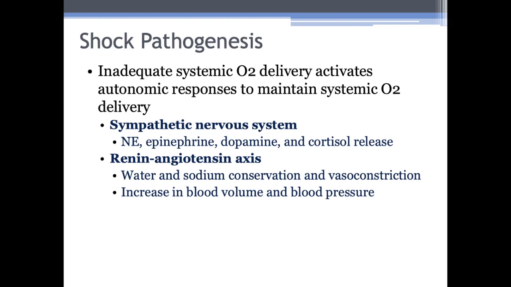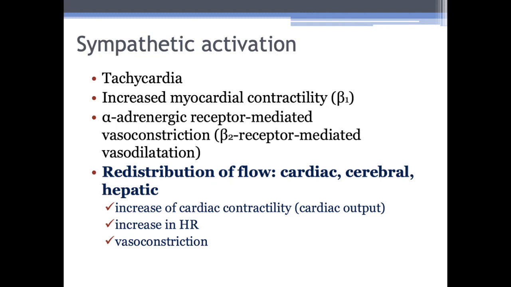So if we are going to discuss the sense of this sympathetic activation and the benefits which we get from it. First of all, sympathetic activation gives us increased myocardial contractility and leads to vasoconstriction. I hope that from the pharmacology course you are familiar with different kinds of receptors, and you know that stimulation of alpha adrenergic receptors gives us vasoconstriction, and vessels with alpha adrenergic receptors are characterized by increase of vascular permeability and increase of vascular tone, but in vessels with beta adrenergic receptors we will see vasodilation.